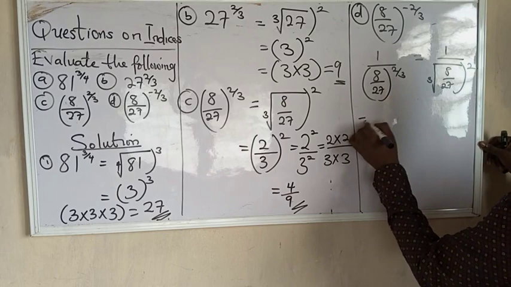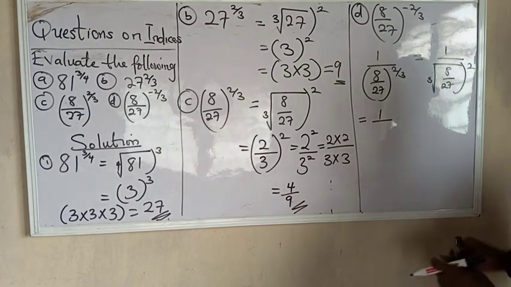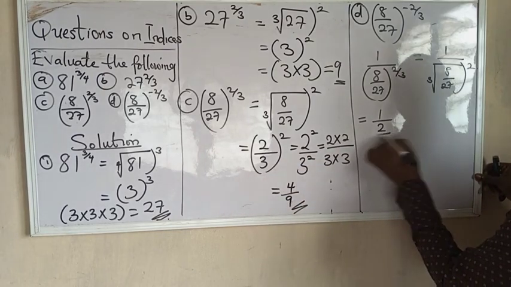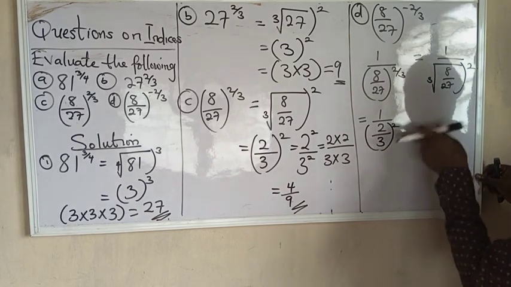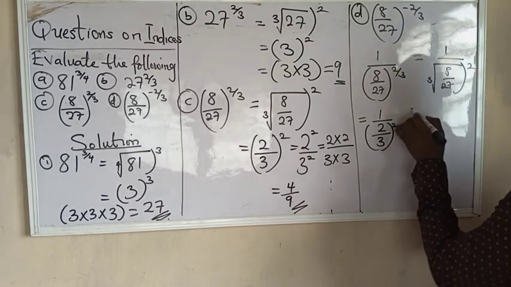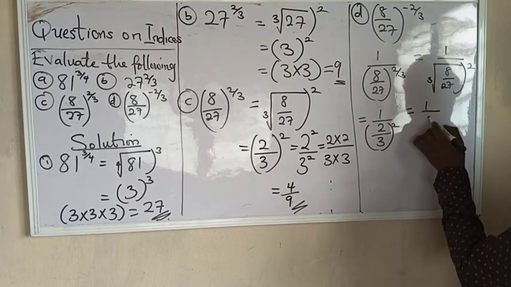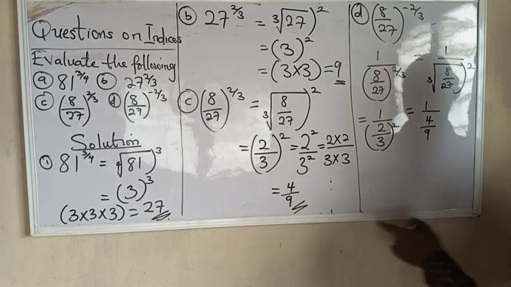So it's equal to 1 over, I know that the cube root of 8 is 2, just like the previous question, and the cube root of 27 is 3, all to the power of 2. That is for the denominator. So it's going to be 1 over 4 over 9, just like the previous example.